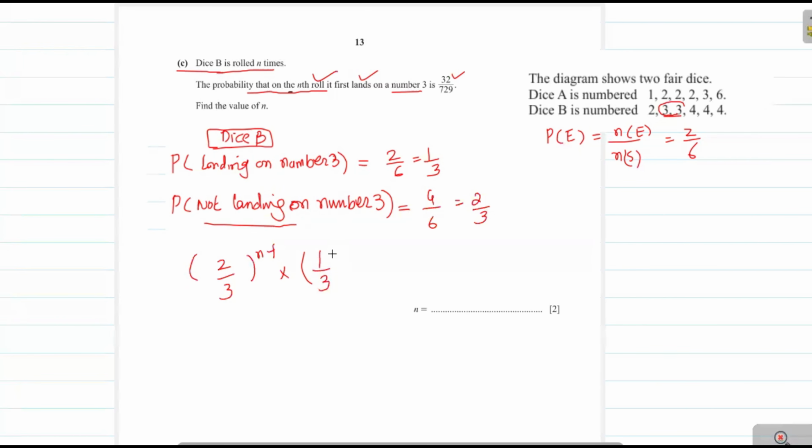We write here 1 over 3 into 1 over 3 power 1. That value equal to 32 over 729. And we can write this 2 over 3 power n minus 1 equal to 32 multiplied 3 over 729.